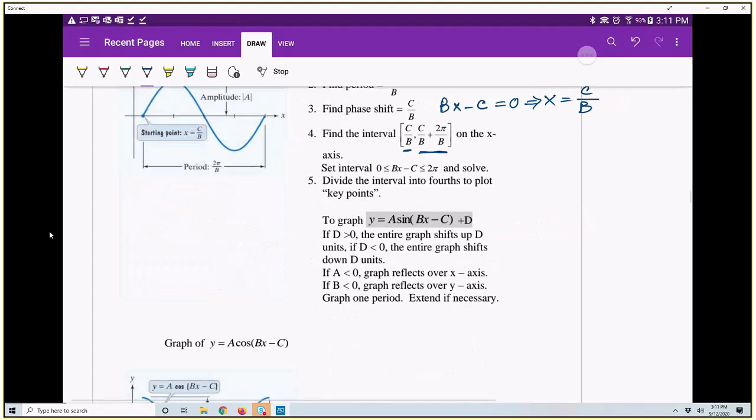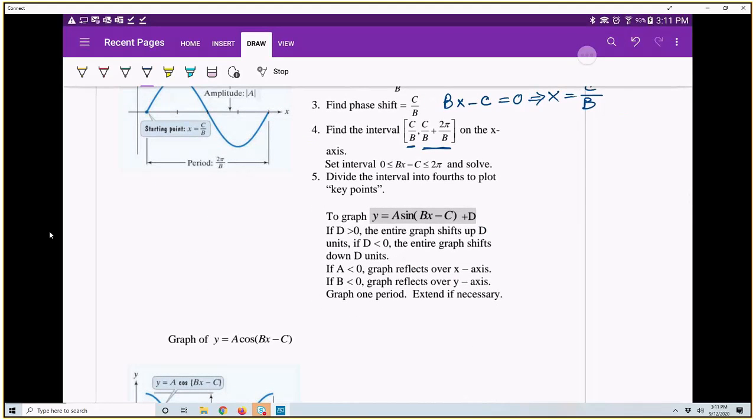If you have a constant added outside of the input, so that's plus d here, then depending on the sign of d, d being positive, I will do a shift upwards by d units, and d being negative, I will do a shift downwards by d units.